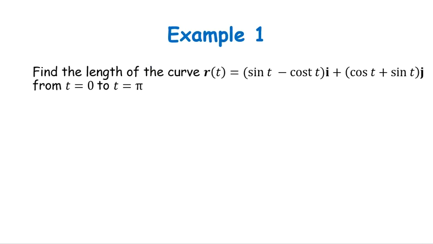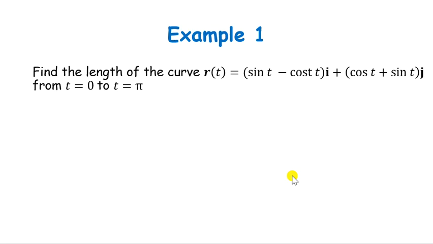Find the length of the curve vector function r(t) given as (sin t minus cos t)i plus (cos t plus sin t)j from t equals 0 to t equals pi. To decide which equation we're going to use, look at the limit that is given for t. You can see that the limit is given from 0 to pi.